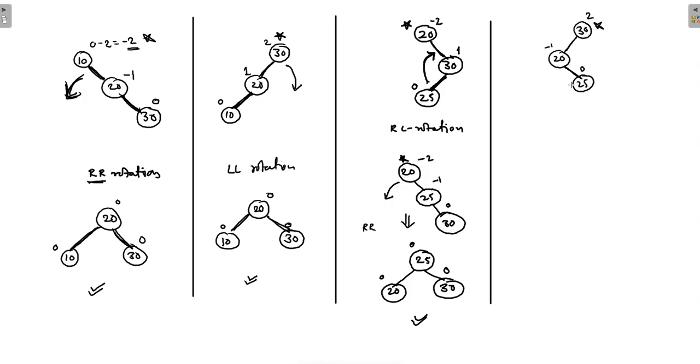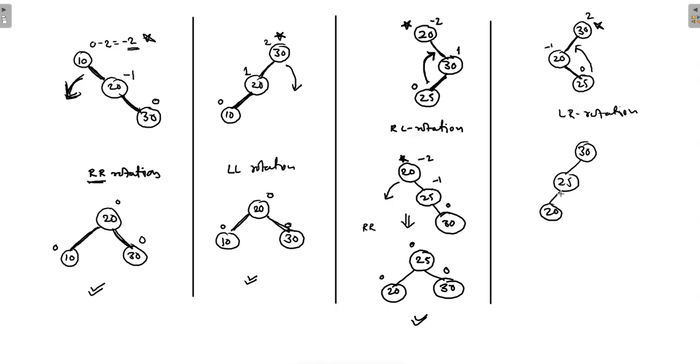Now this rotation is called left right rotation. So what you need to do is rotate this 20 towards the left-hand side. Once you rotate it, your tree will look like this: it becomes 30, and 25 will be in between 20 and 30.